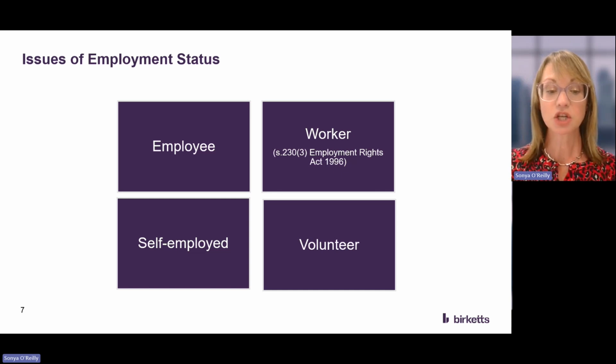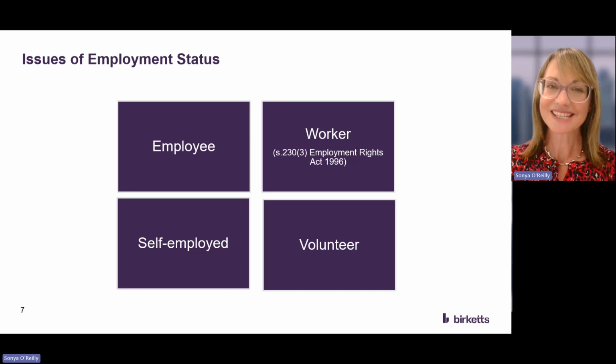And under Section 233 of the Employment Rights Act 1996, there is a definition of a worker. And it's defined as somebody who has entered into or works under a contract of employment or any other contract, whether expressed or implied, whether oral or in writing, where the individual undertakes to perform personally any work or services for the other party.